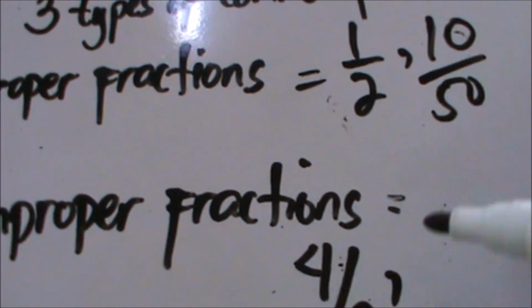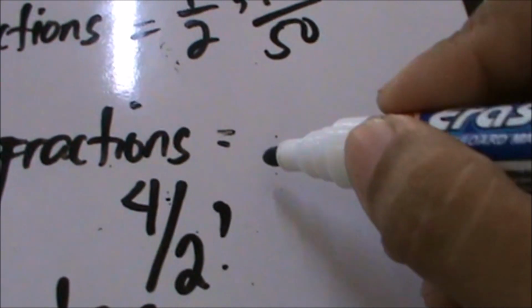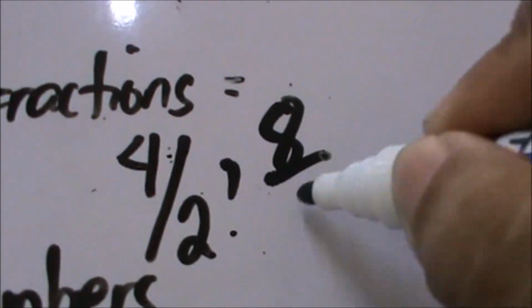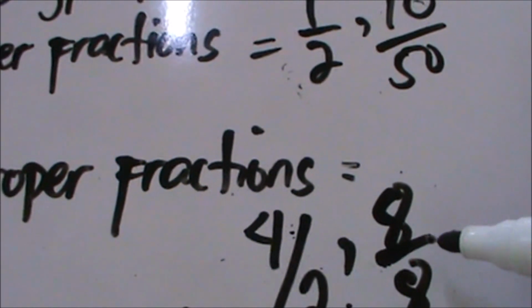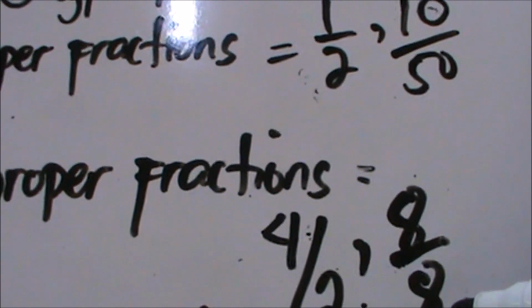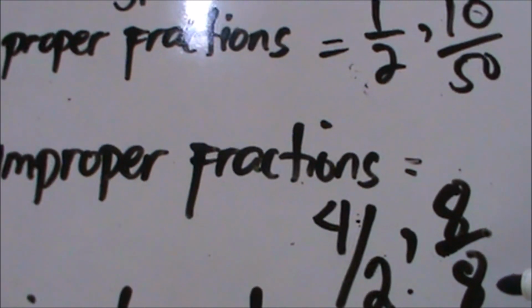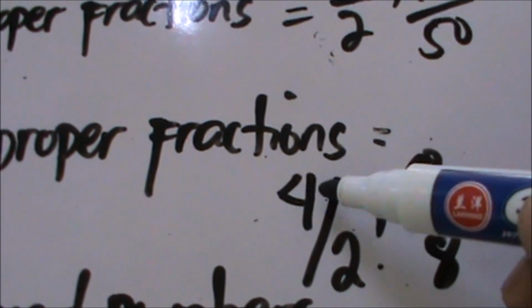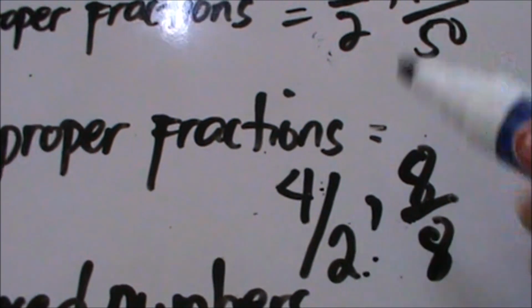Or another example, 8/8. As you can see, the numerator is equal to the denominator, and that is an improper fraction. So always remember, the numerator is greater than or equal to the denominator.